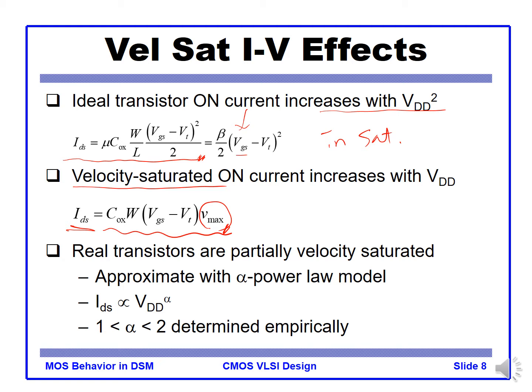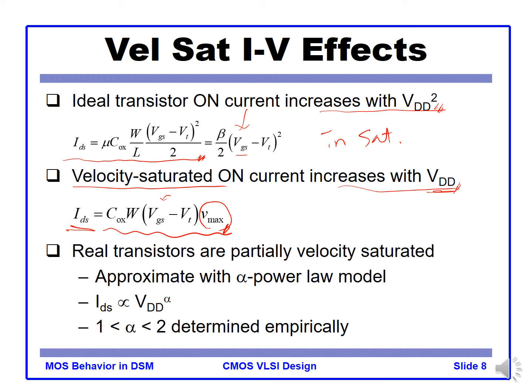So even though we increase the supply voltage, the current doesn't grow with the square law model. The current IDS just increases linearly with VDD.